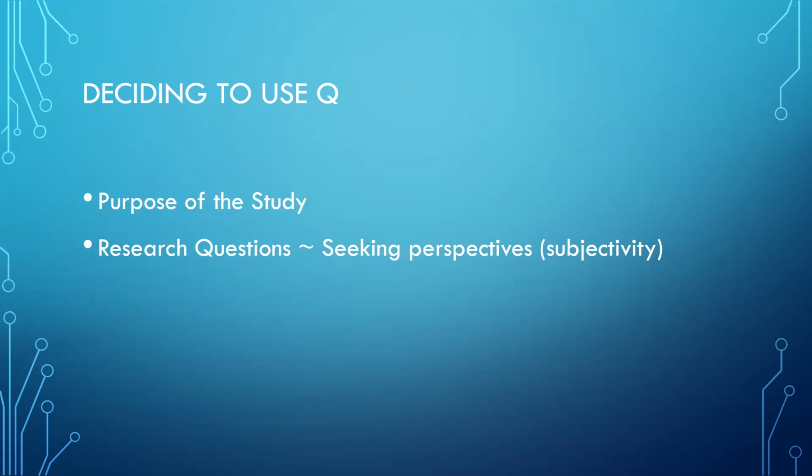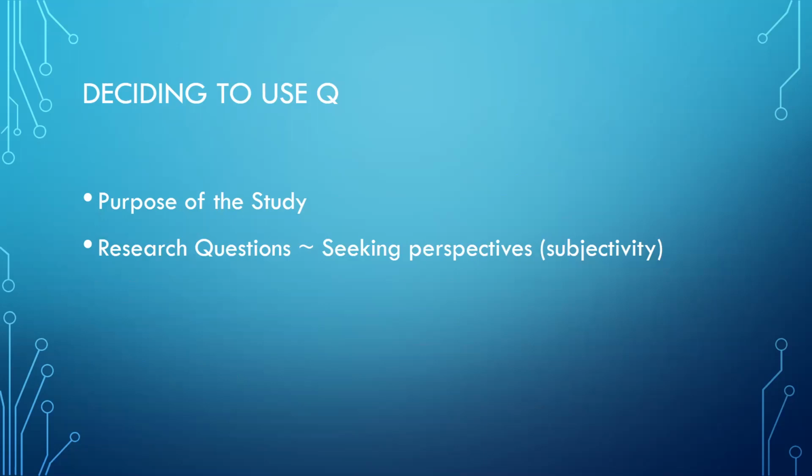However, researchers should take a look at the questions that they're asking and the purpose of the study that they are embarking upon. And when they have a research question that is specifically looking for perspectives and specifically looking for various viewpoints of individuals, then Q methodology, using a subjective research methodology, is ideal for that type of study.